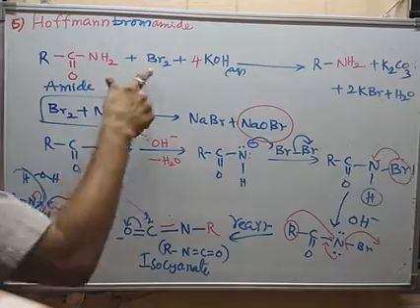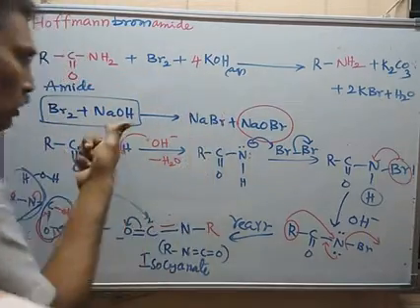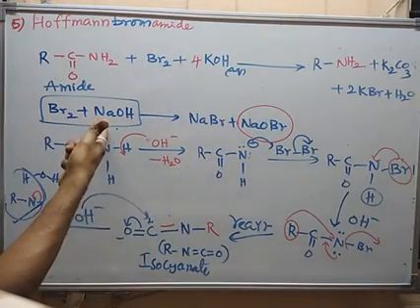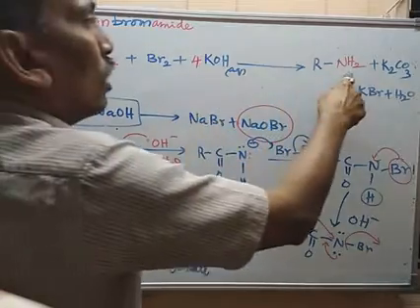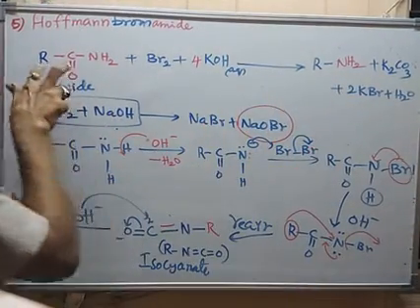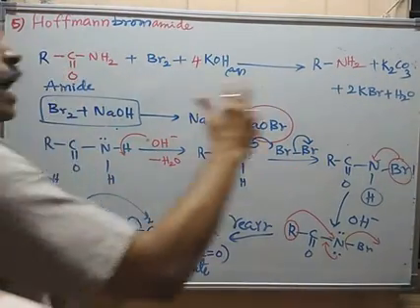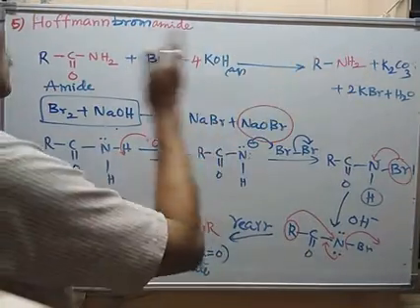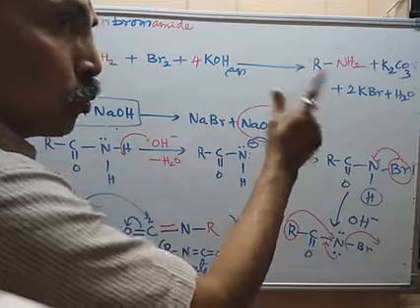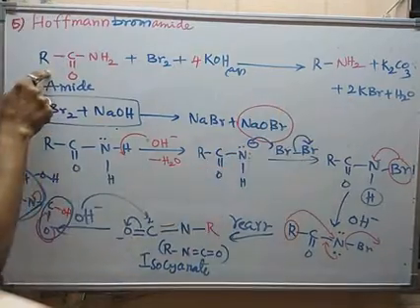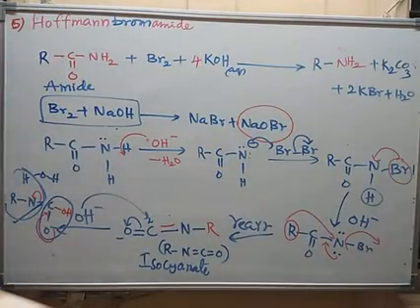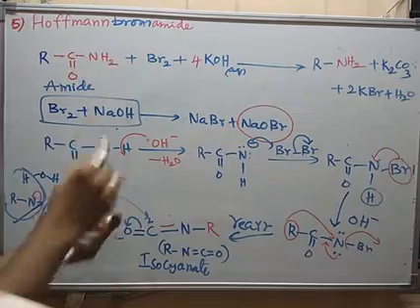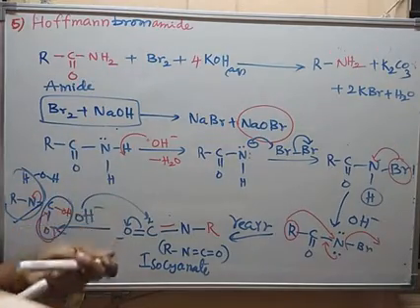A primary amide with bromine and KOH or NaOH, both similar in action, gives RNH2. So the amine produced has one carbon less than the parent amide, and it is known as Hofmann bromamide degradation.